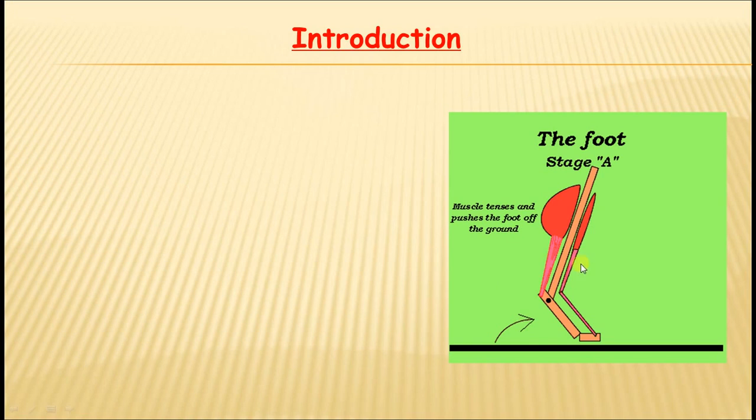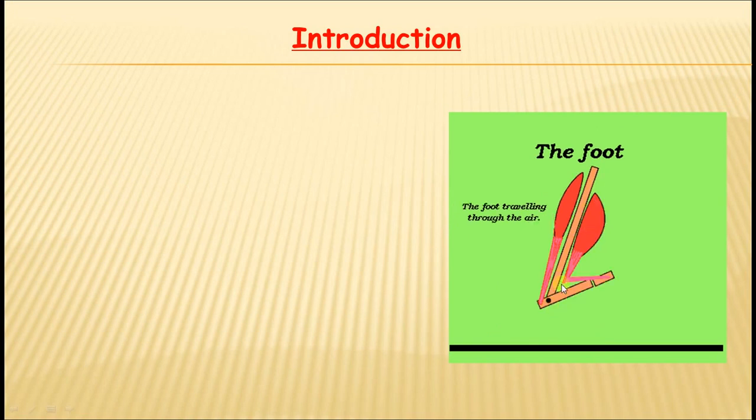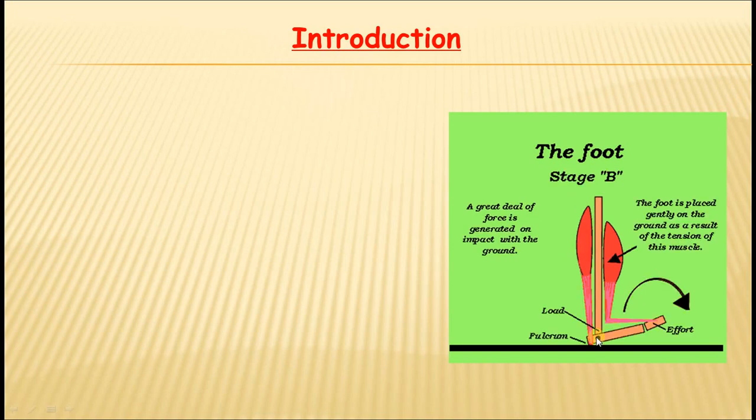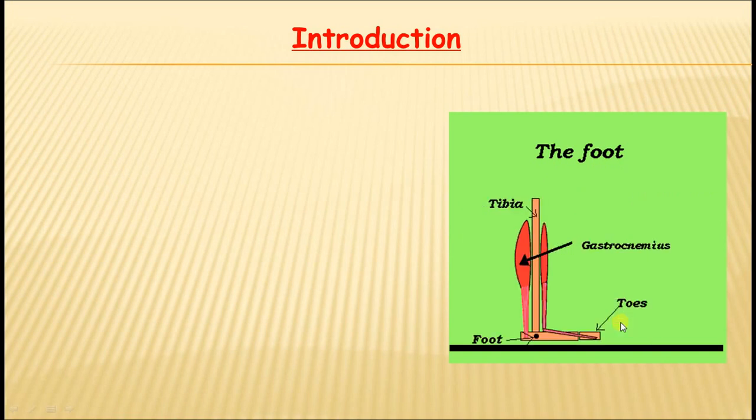So you are able to see here the ankle region from your lower limb and the foot as a single lever. Now this lever, if it is a single piece of bone, can do the purpose of weight bearing, but it is a multi-segmented lever.